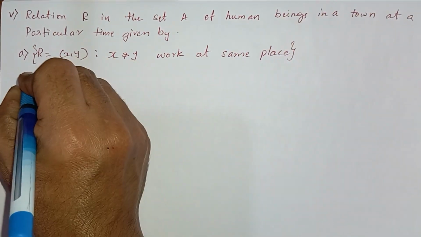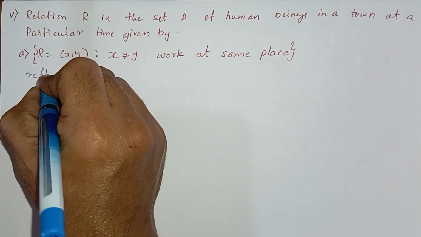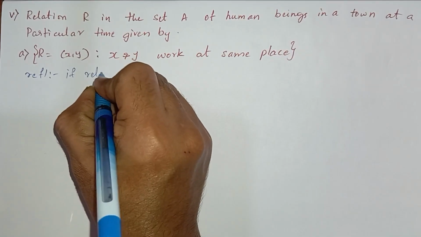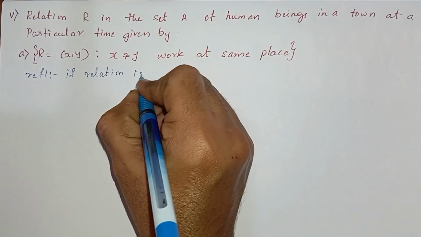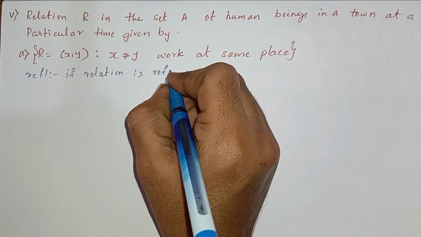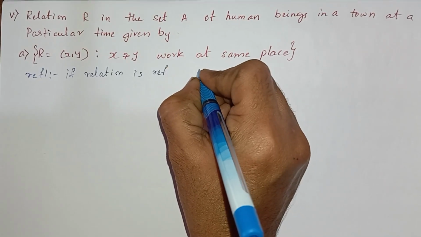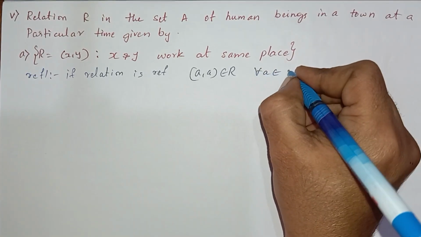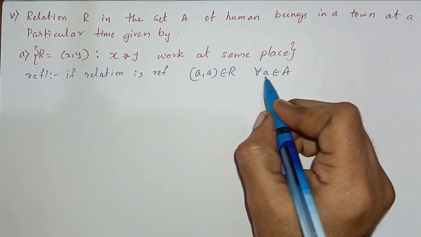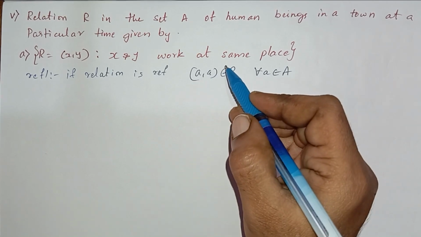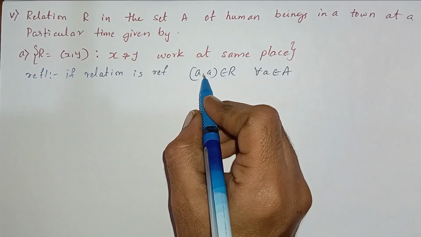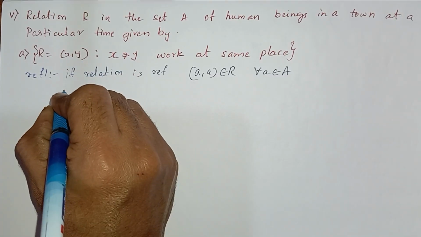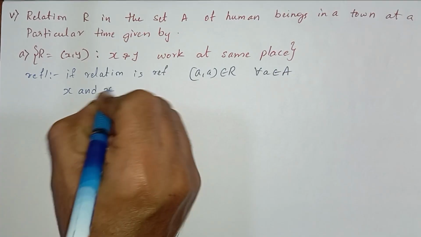So the first thing is we will check for reflexive. If a relation is reflexive, that is, (a, a) should belong to R for every a belonging to set A. So for all values, (a, a) should belong to R. Here we have taken x, so (x, x) means the same person.